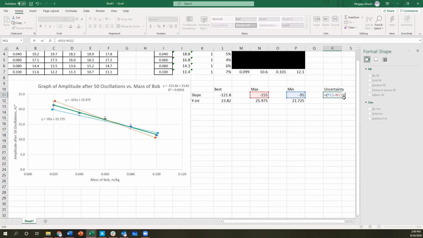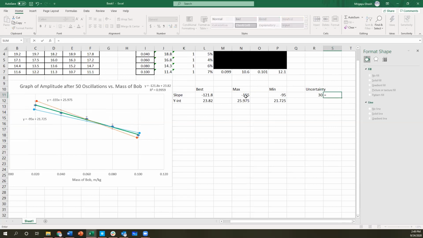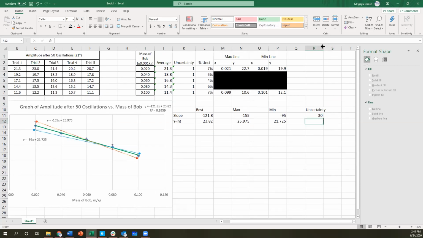Okay. So the uncertainty here is 30. Now, I'm not sure, actually. Let's think about it. If I did this minus this divided by 2, you get -30. So no biggie, right? Because at the end of the day, what it's doing is finding the magnitude and then dividing by 2, I believe. Plus or minus 30. So it's plus or minus. It doesn't really matter.